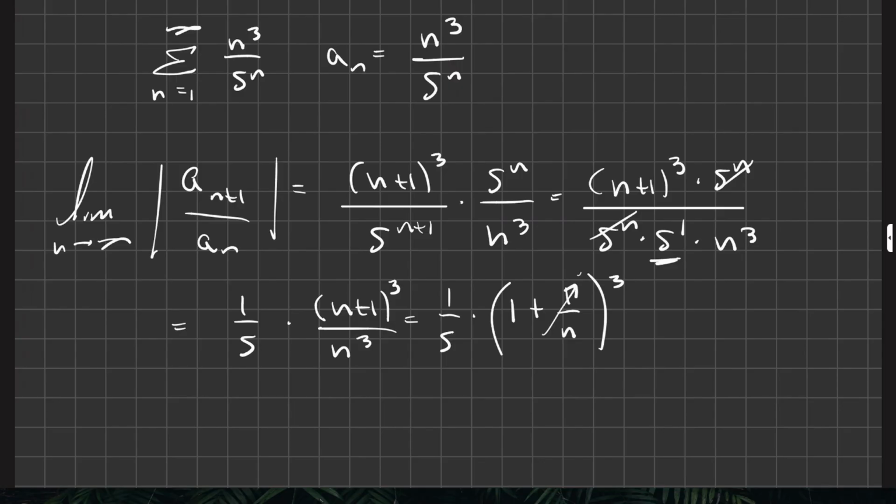Right, this goes to 0, so we'd have 1 times 1/5. So this just equals 1/5, which is in fact less than 1. So we say the series a sub n is absolutely convergent by the ratio test.